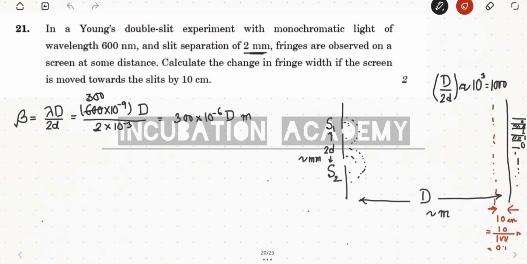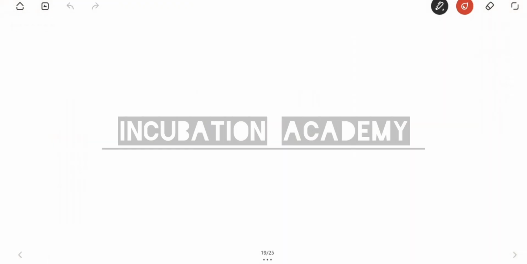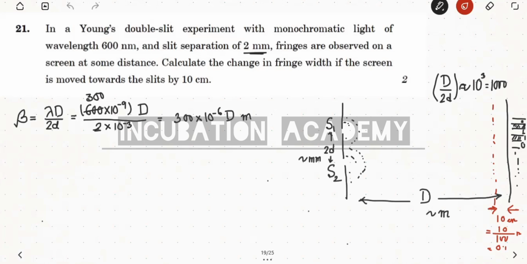Now to find beta prime: lambda is not changed, the wavelength remains the same. Capital D is now changed to D minus 0.1, because it is shifted by 10 centimeter, that is 0.1 meter. 2d is the same. Lambda by 2d we have already calculated as 300 into 10 to the power minus 6, but now with D minus 0.1 meter.